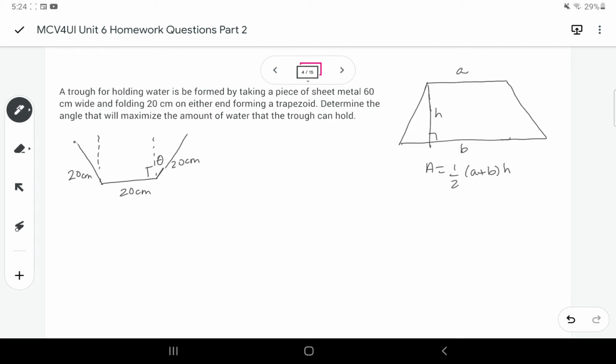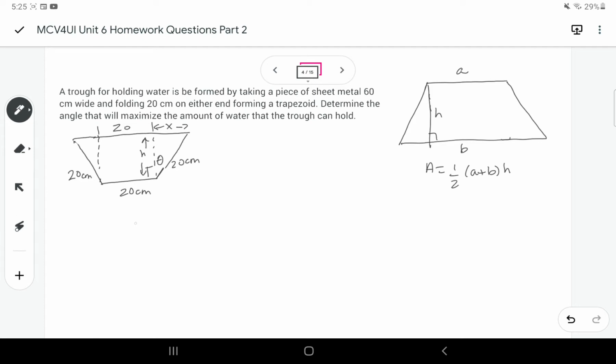So what we need is our A and our B and our H in this equation. We know that this would be 20, same as on the bottom. I'm going to label that with an X and this with an H for the height. And I want to find X and H in terms of theta.